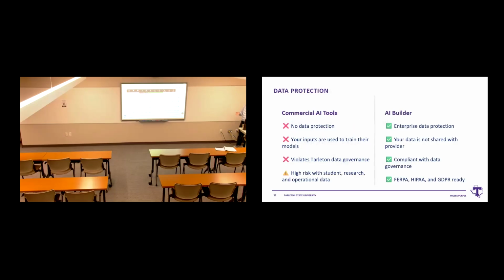So the big thing AI Builder brings to us is data protection. We're under an enterprise data protection agreement with all the service providers that are involved with it. There's different data collection levels at the TAMU system, and this one is at a DC5. The lowest one's DC6. So DC5 means, among other things, you can put student data in here. You can put health data in here.